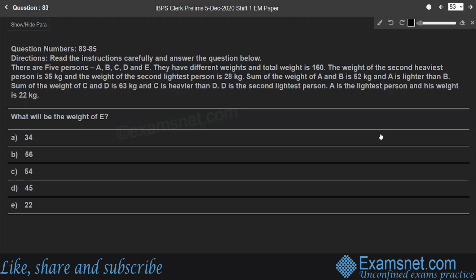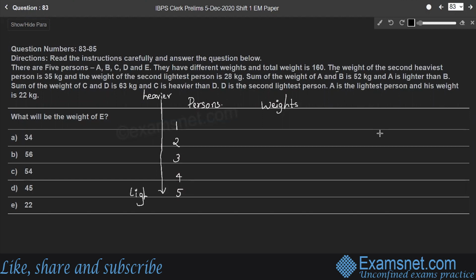So let us make a column here. Persons and their weights. Here, A, B, C, D, E. These persons are not according to the order here. So let us consider 1, 2, 3, 4, 5. Here it is given the weight of the second heaviest person. So let us arrange the weights in decreasing order, from heavier to lighter.